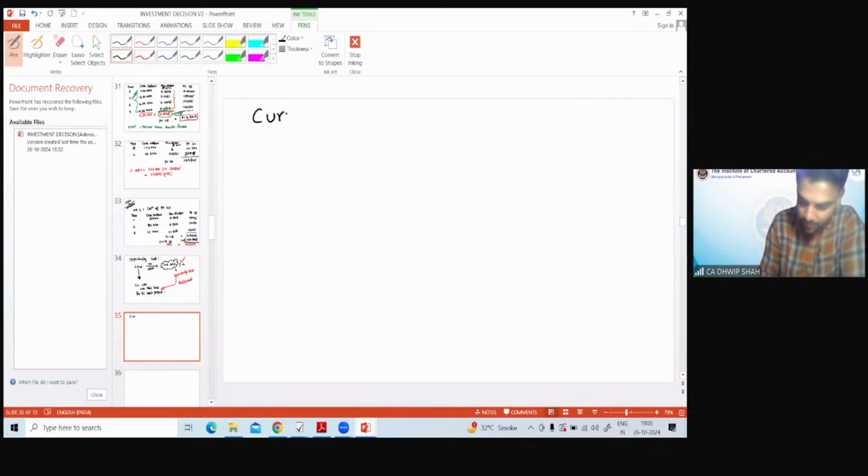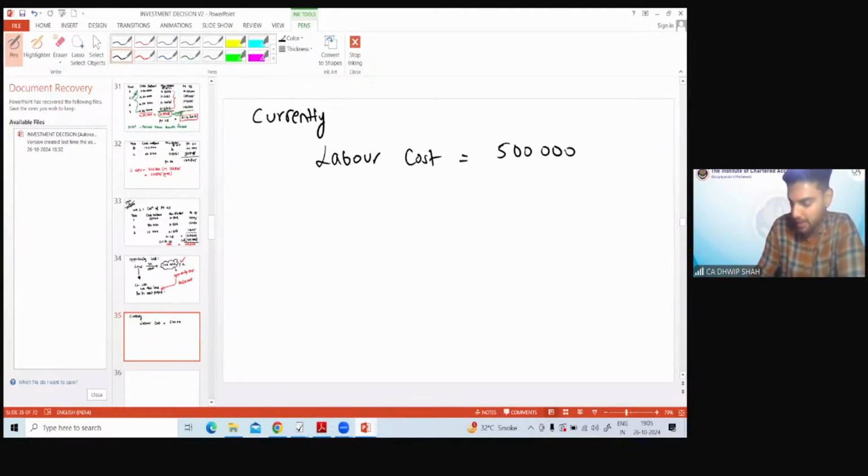Currently, I'm into a manufacturing business and it is labor oriented. ठीक है? Currently, it is all manual, all labor oriented. And I need to incur a labor cost of 5 lakh per annum. Everything is manual.